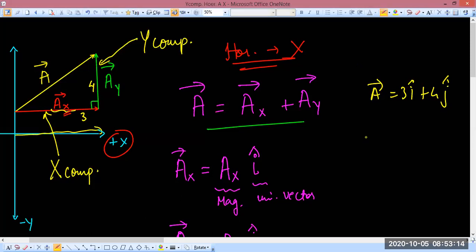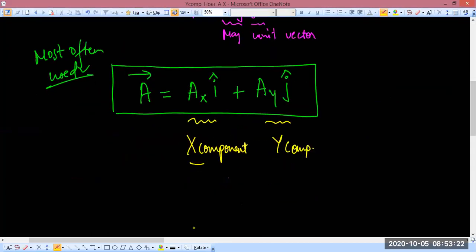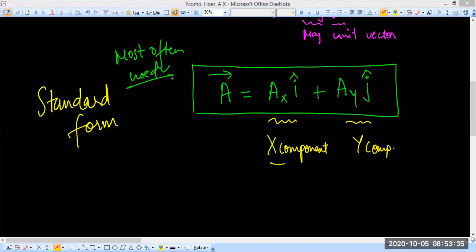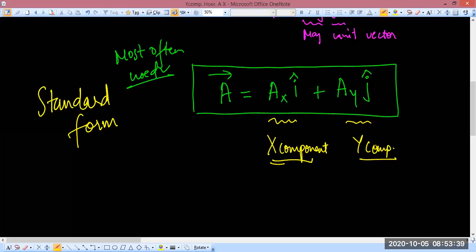Easy, right? So actually, this is the standard form of writing a vector. Okay, this is called the standard form of the vector, where we write the vector in the form of its components, right? Which components? X component and y component, because there are only two, x and y, right now. Okay.